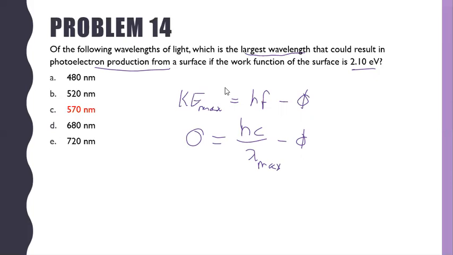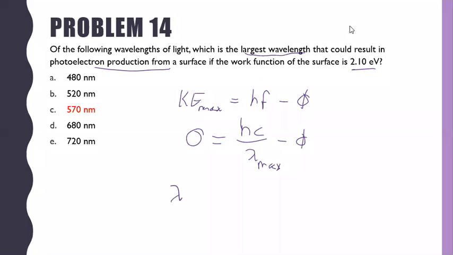So if you rearrange this, I get to add the work function and do some cross multiplication. So I end up with lambda max times the work function equal to hc.